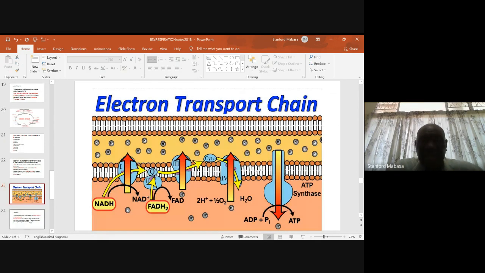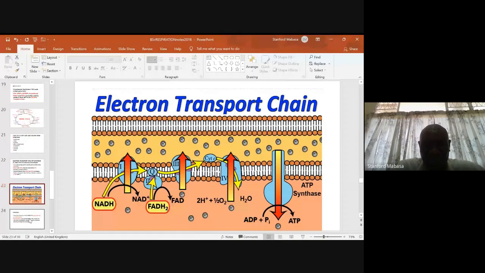Here I've got a diagram showing the electron transport chain. In this case, we need NADH and FADH2. So I will explain what is happening here.